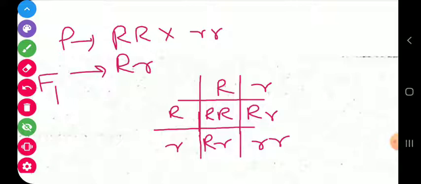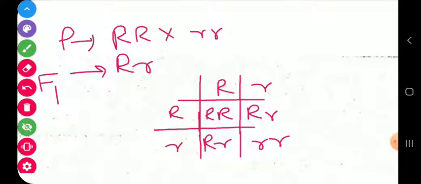Remember capital R is the dominant allele representing round seeds. Small r contributes to forming wrinkled seeds. So small r plants produce wrinkled seeds, and capital R plants produce round seeds.